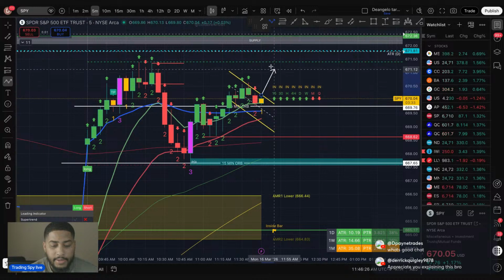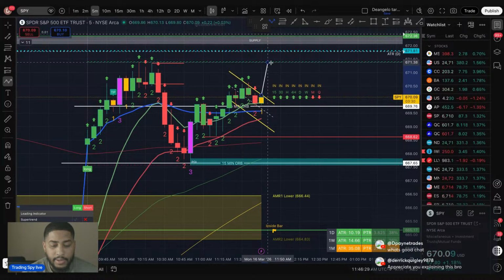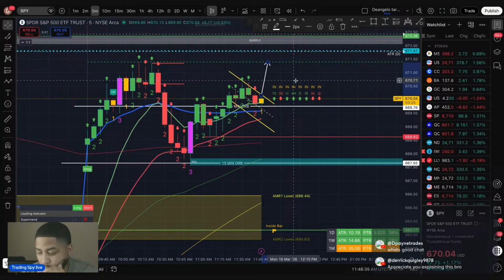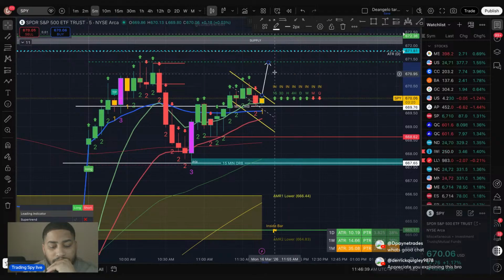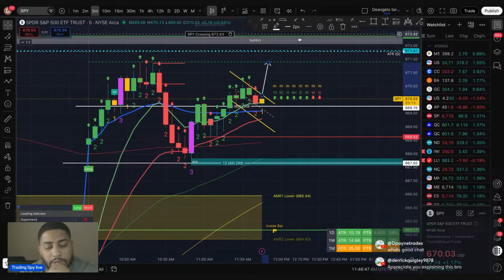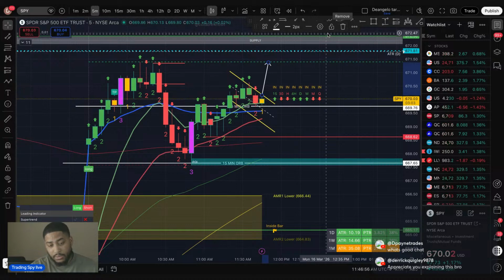I need this right here. Inside candle on the 5. Still above 9, still above the VWAP, so we're good so far.